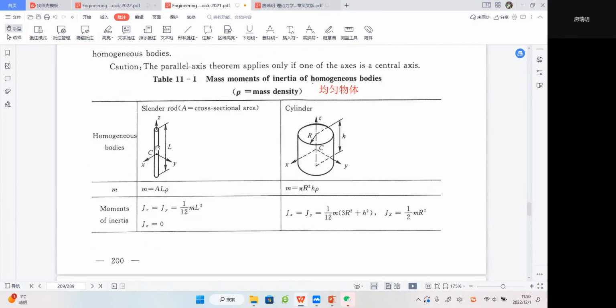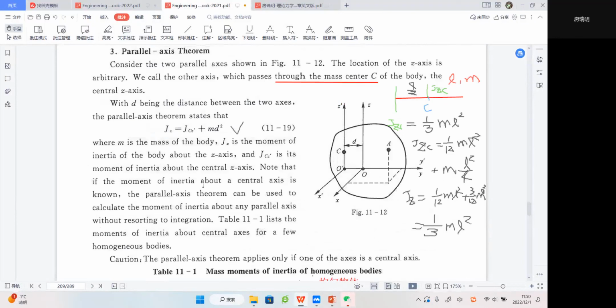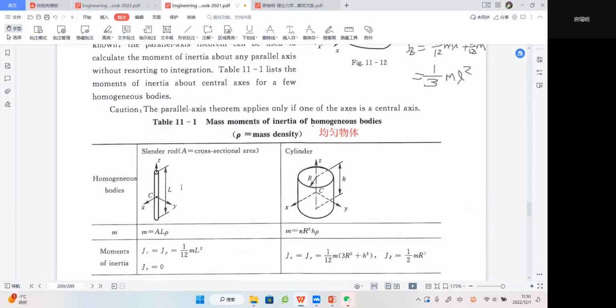We can build a coordinate system with x-axis, y-axis, and z-axis. Here we talk about its mass moment of inertia about the x-axis or y-axis, which is the same. C is the centroid.